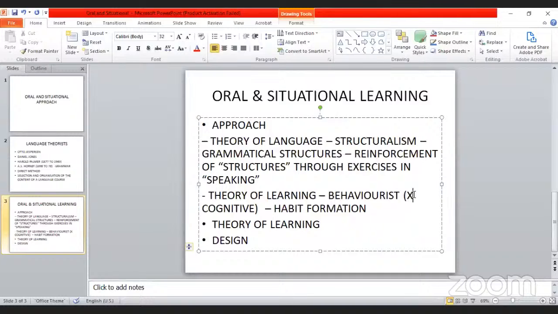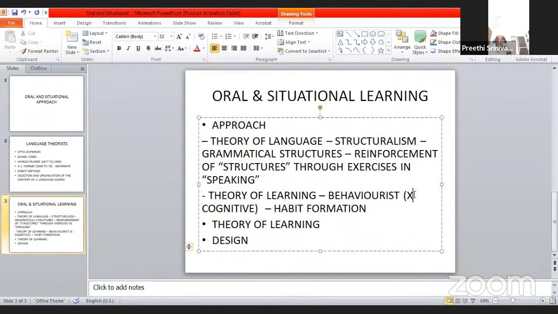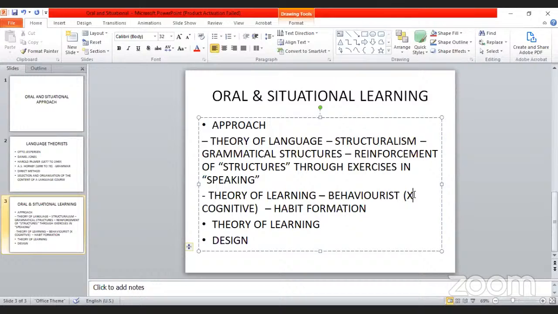Is it a cognitive approach or a behaviorist approach? It is a behaviorist approach, because it relies on habit formation, language learning as habit formation.